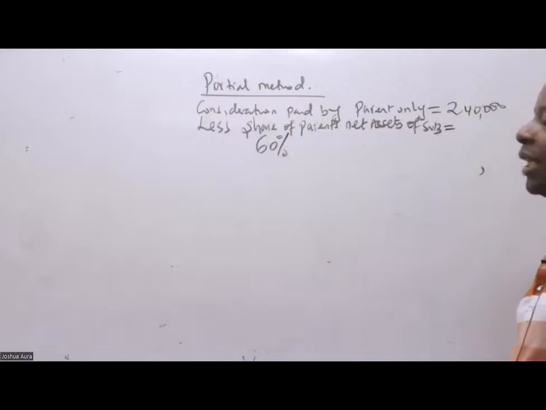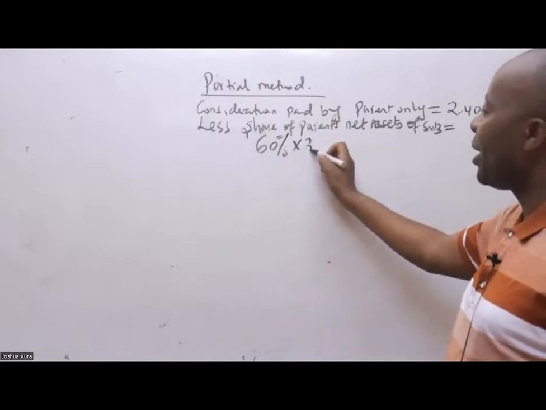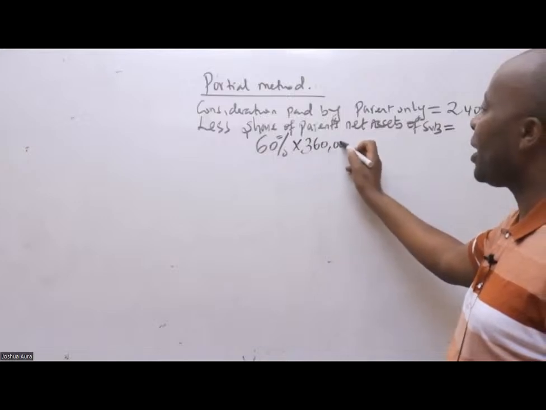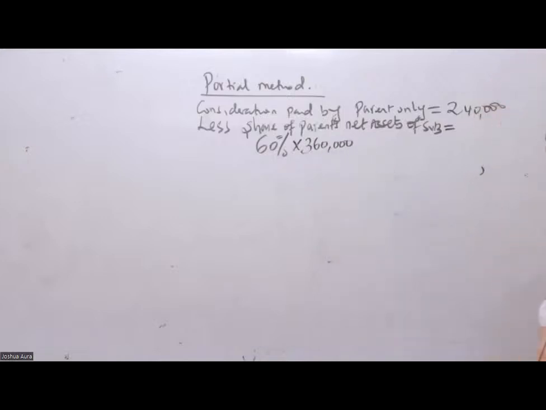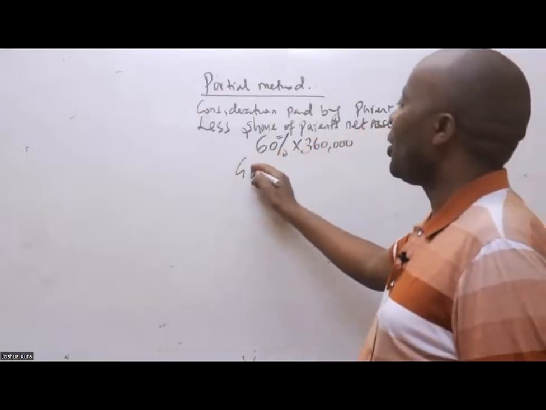So 60% of 360,000, the total net assets of the sub, gives us 216,000. So you subtract, and you'll be able to get the goodwill using the partial method.